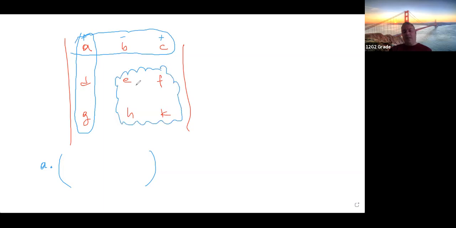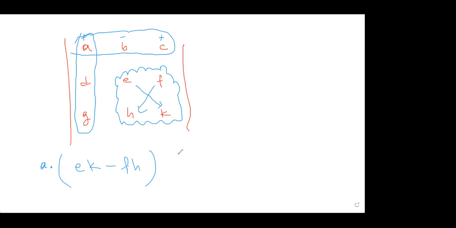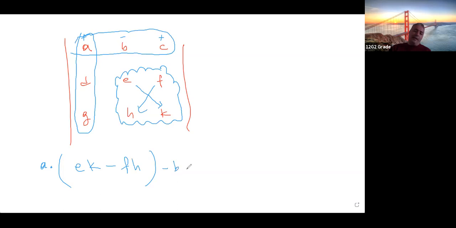What is the determinant? E times K minus F times H. Is this okay for you? Yes, okay. And then minus B times, now let me change the color. So where is B as a column? Close that and close that row and column.